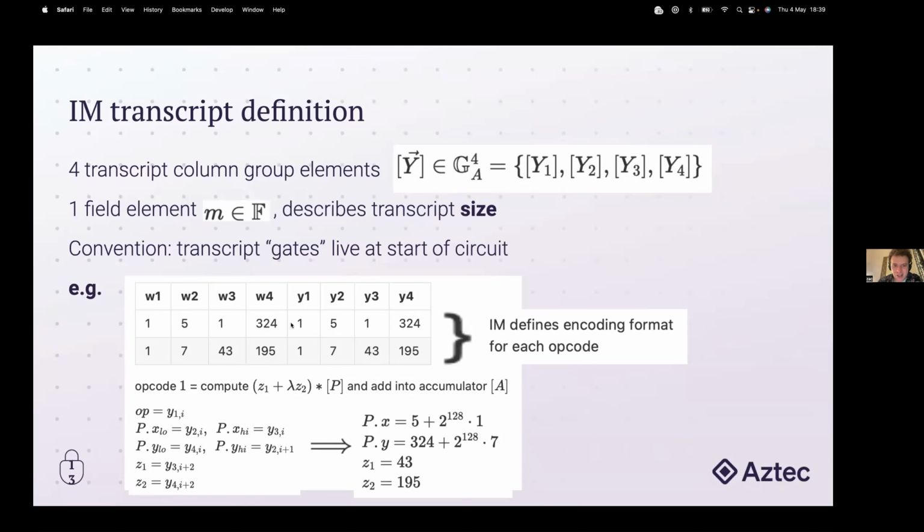And so the idea here is that this elliptic curve instruction would exist in your transcript over 2 rows. So I think what I was trying to get at here is that if you have a very complex instruction for your instruction machine that requires more entries than you have room for in your transcript, you can just split it. You can just pack that instruction across multiple rows.